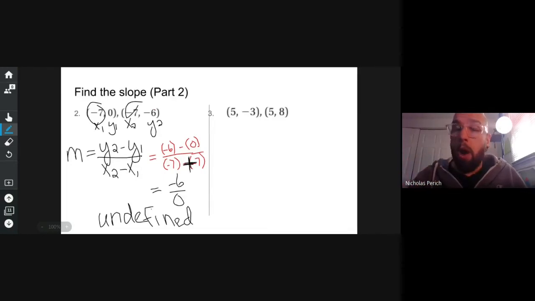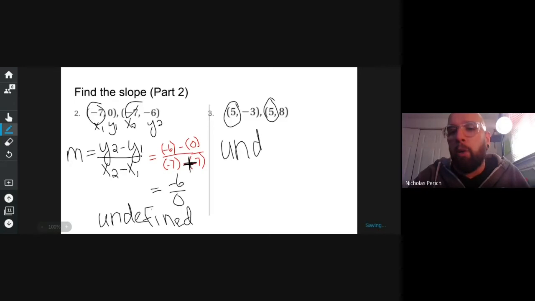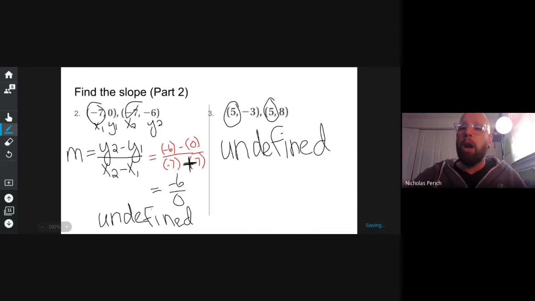And if my y values are exactly the same, it's 0. Oh, look! My x values are exactly the same. It's undefined, which means if I were to graph those points, it would be up and down, because up and down is undefined.